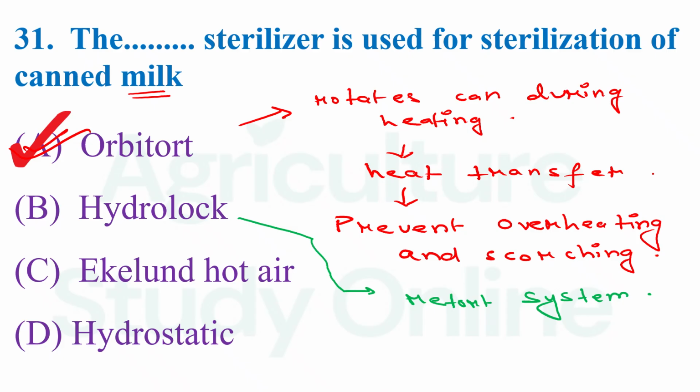And effluent hot air is used for hot air sterilization. And hydrostatic means continuous sterilization using a water column. So correct option is option number A.